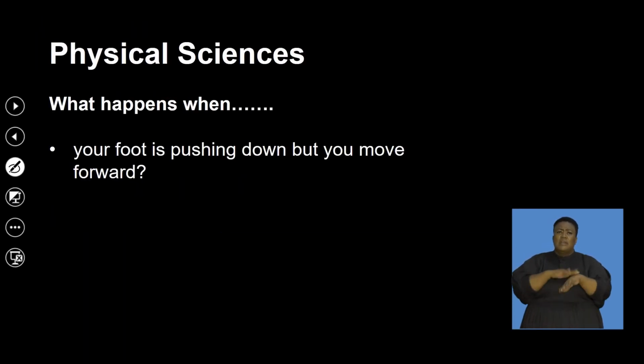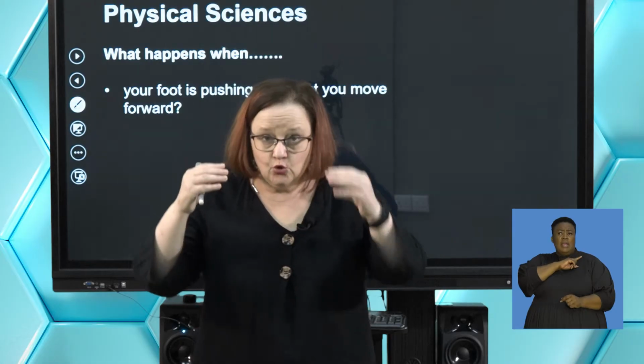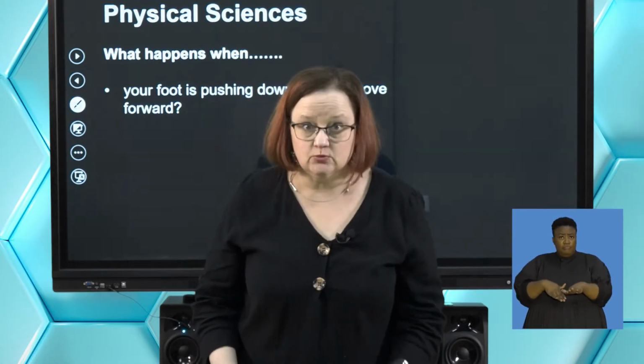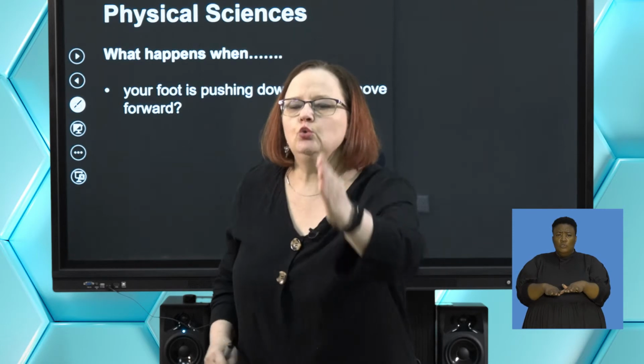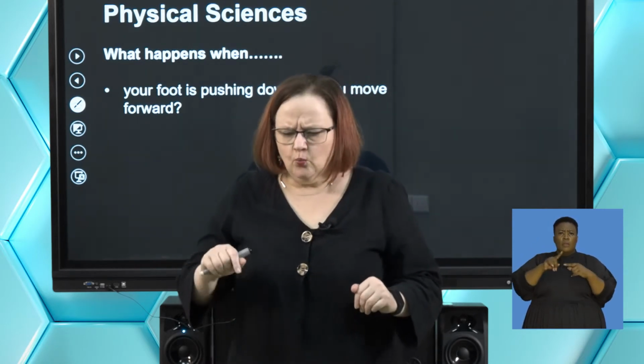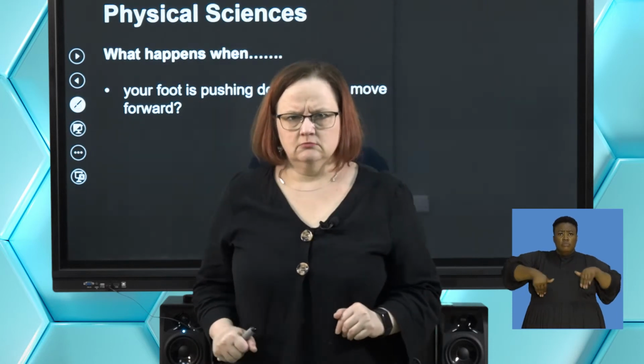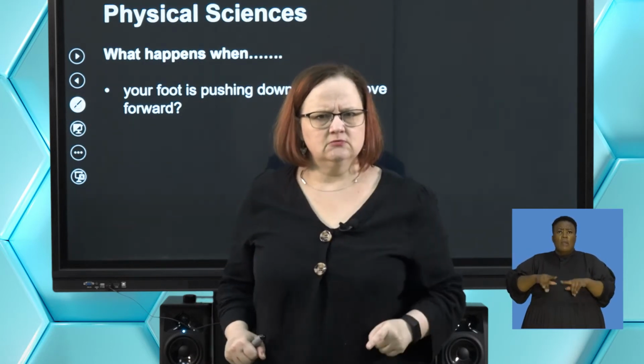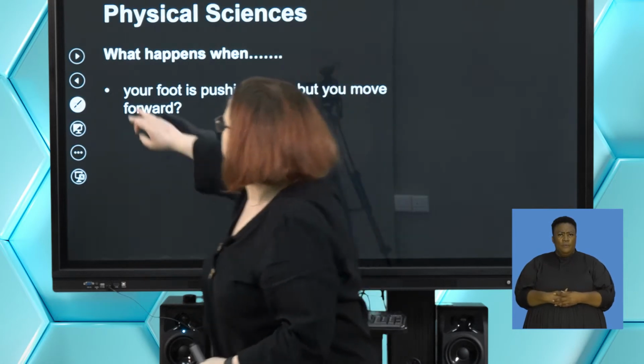Now, what happens when we talk about different objects? So this is quite an important question. Why is it that when you push down with your foot, when you're walking, you go forward? Because if we think about it, we're actually pushing backwards, but we're moving forwards. How does that work? Well, let's talk about it.